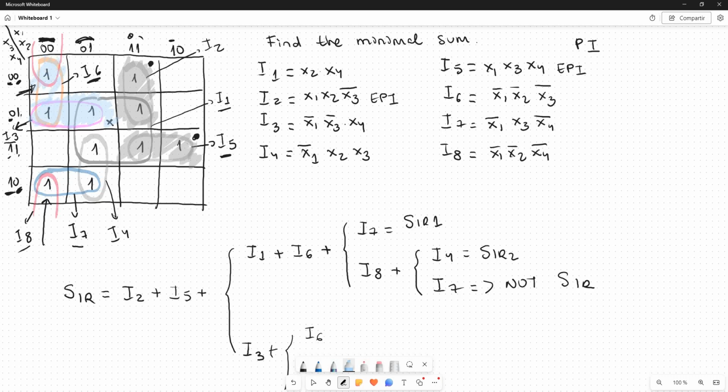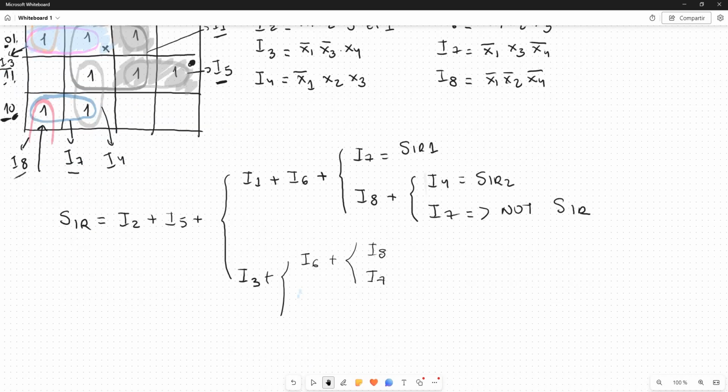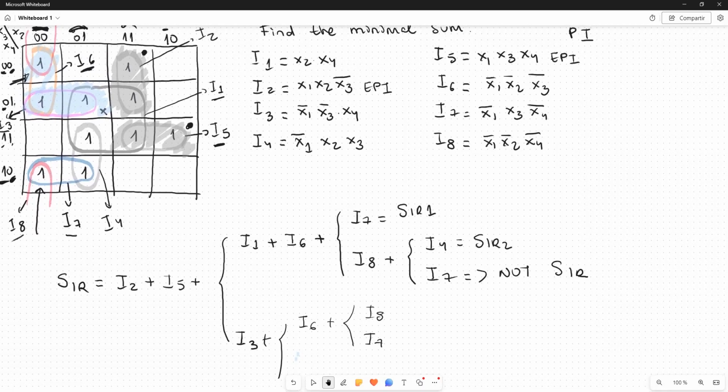To cover the ones in the bottom part, we can use implicant 8 or implicant 7. I don't have space.